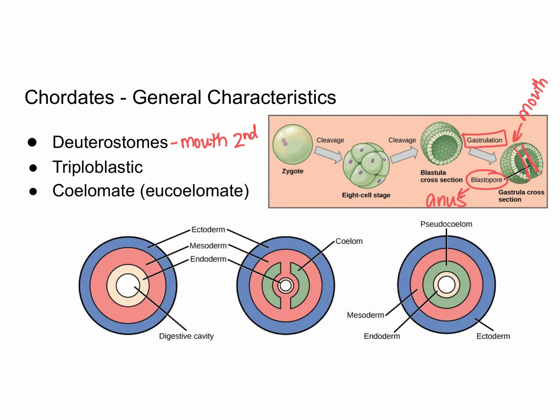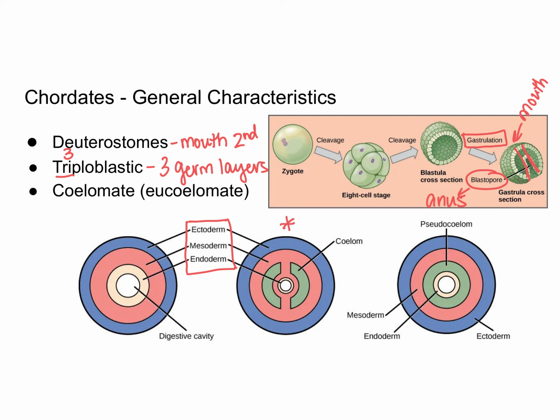They are triploblastic, which means that they have three. So tri means three. So they have 3 germ layers. And these develop during that gastrulation. And you can see the 3 germ layers here. We've got an ectoderm, mesoderm, and endoderm.